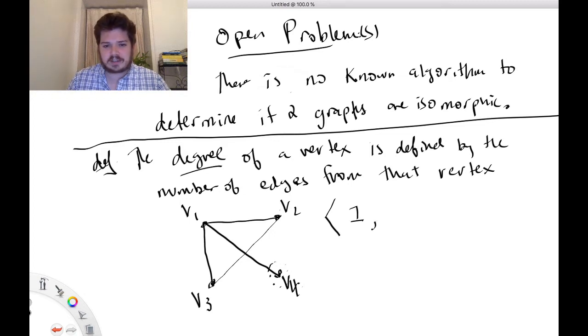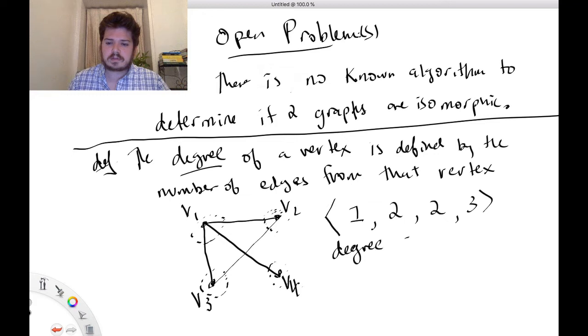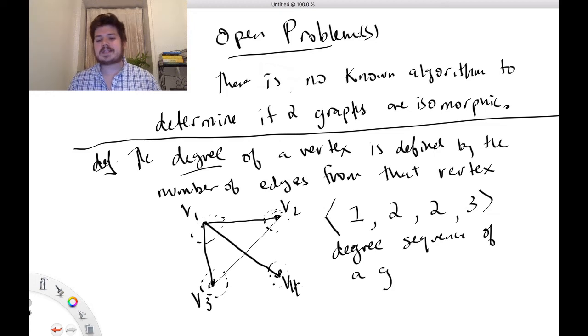V2, what I like to do is draw little circles around the vertices and see where they intersect. V2 has 2 edges. V3 has also 2 edges. And V1 has 3 edges. So this is called a degree sequence. So you just list the degrees of the vertices from smallest degree up.